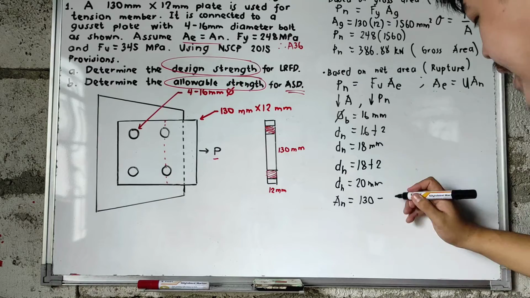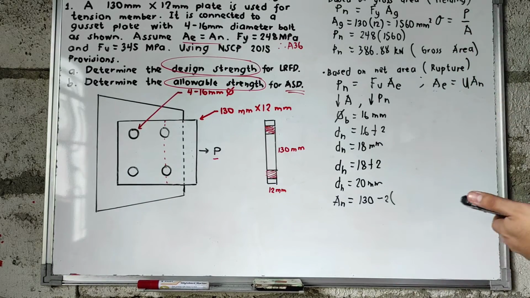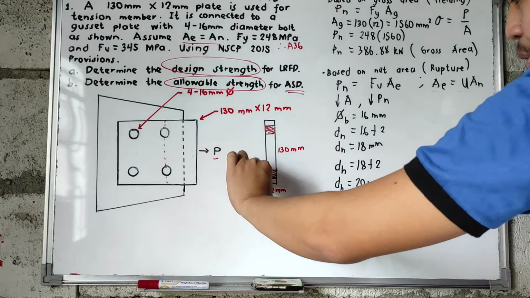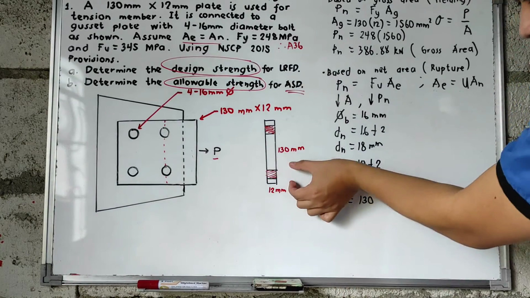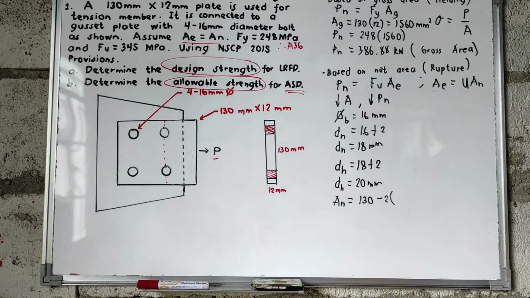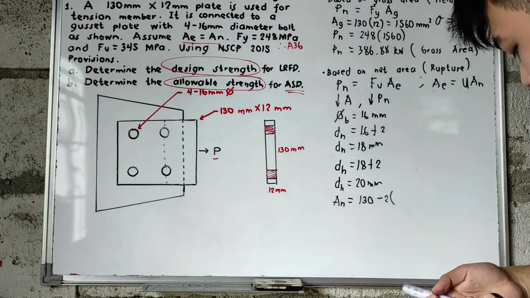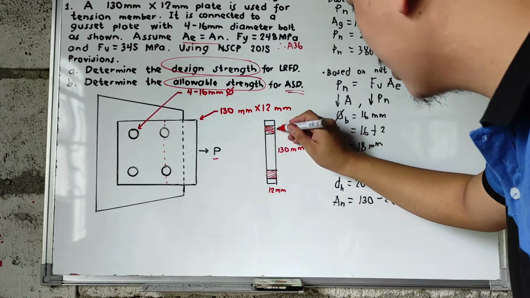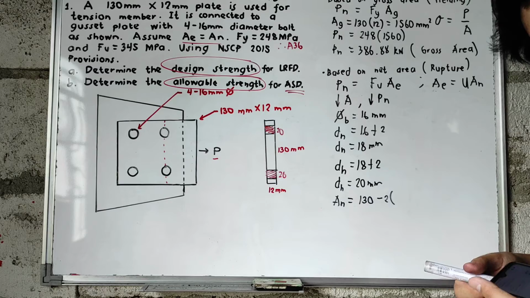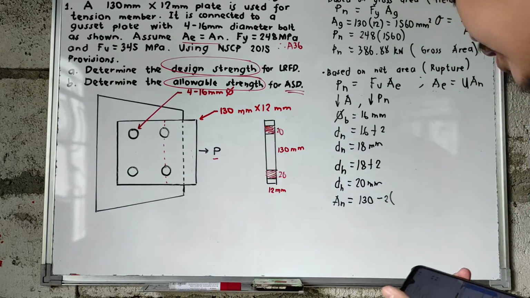Etong shaded by red, so we have 2 multiplied by, ano yung width ng hole natin? So that is equal to 20 mm. So yung kada butas natin, meron niyang width na 20 mm. Kaya kinuha natin yung net width.